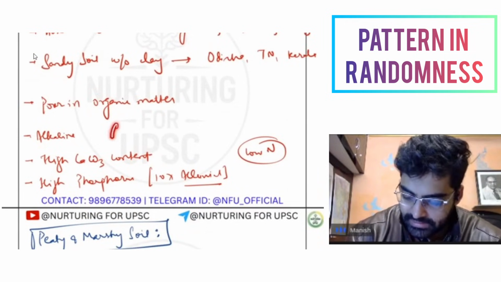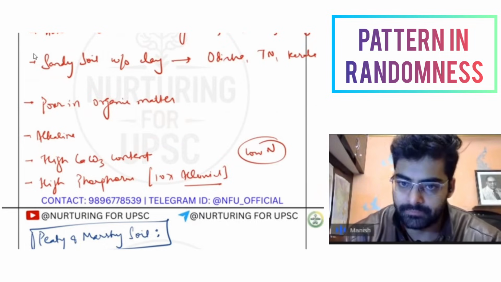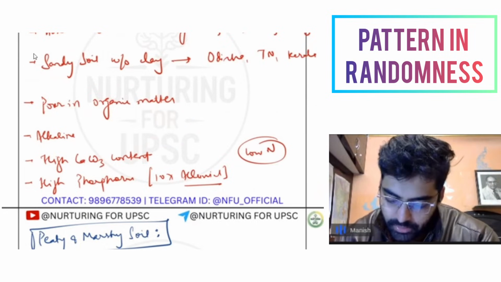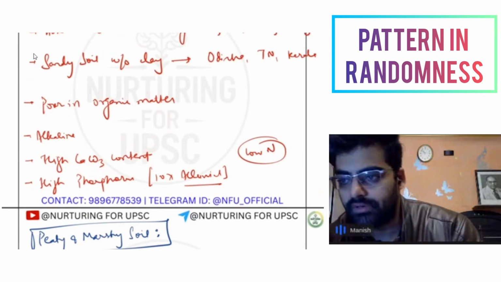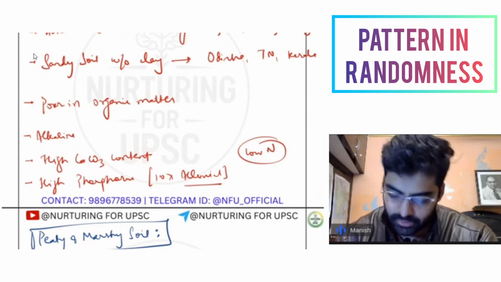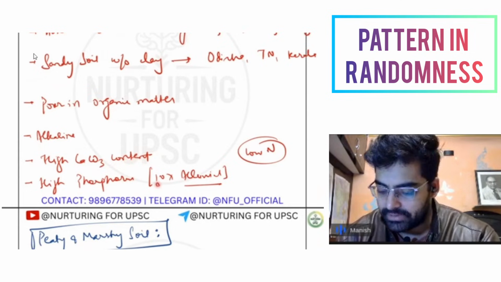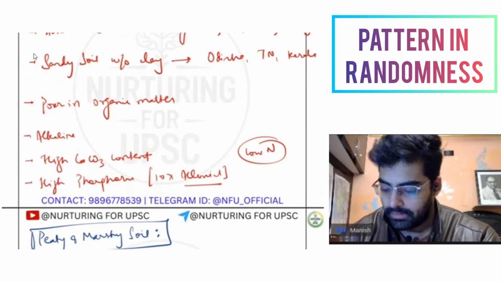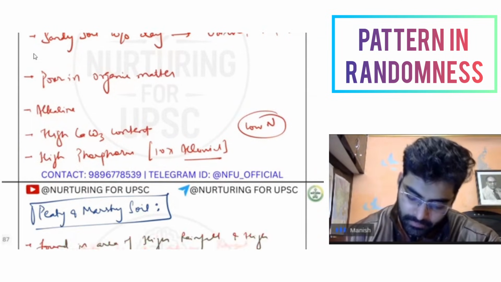What does it mean? 6 to 7.5 is normal pH, above this it becomes alkaline. And it has high calcium carbonate content. The arid soil has a process known as calcification, and due to that calcification, we get high calcium carbonate content. It has high phosphorus also, like 10 times alluvial soil's phosphorus, but it has low nitrogen. It is a property of all the soils in India.